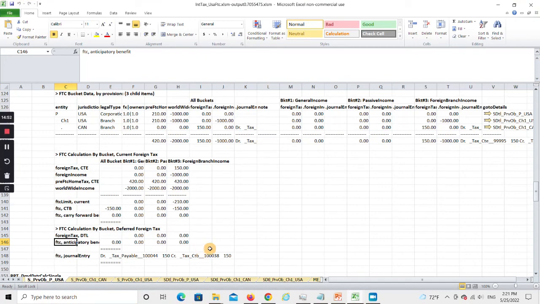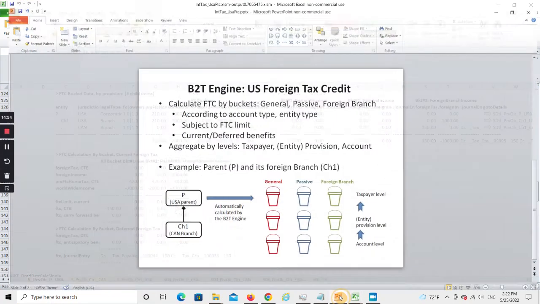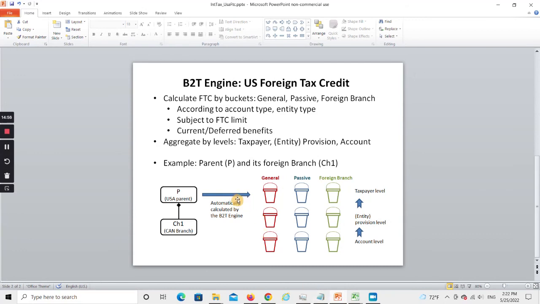So to summarize, let's go back to our original problem. The FTC data, the foreign income and the foreign tax, is first gathered by the buckets at account level, then aggregated at the entity's provision level, then further aggregated again to the taxpayer level. Then the FTC calculation, the limitations and so on, is executed.